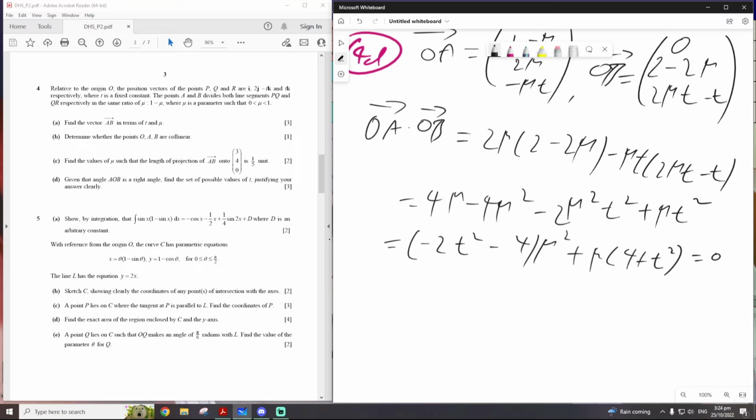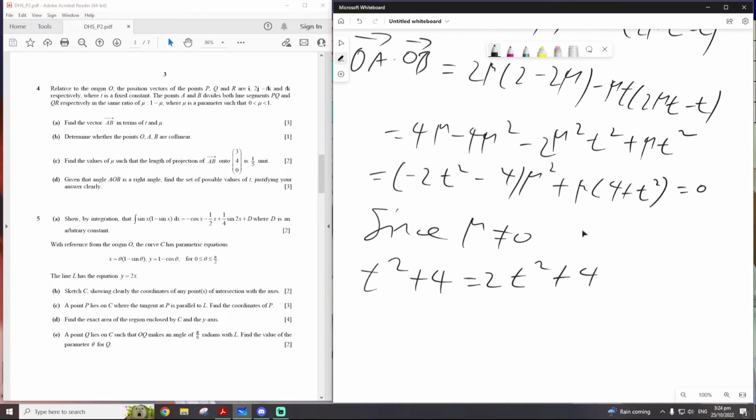We can actually divide throughout by mu since mu is clearly not 0. We add 2t squared minus 4 on both sides, so t squared plus 4 equals 2t squared plus 4. So therefore we get, oh no, we need the discriminant, sorry.